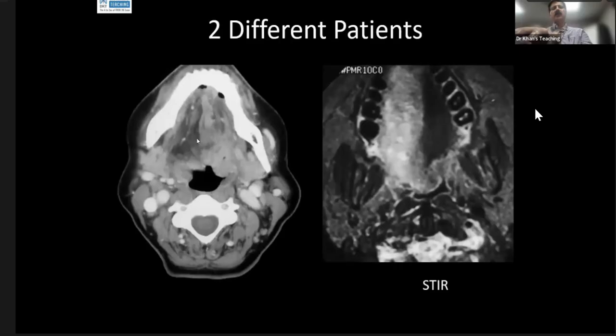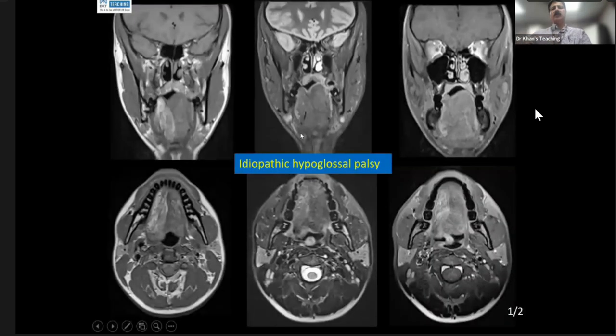On the other hand, look here, these are two different cases. This is a CT scan, and even on CT scan, you can see atrophy. And this one is from a STIR sequence, you can see a lot of edema. This is another case which presented with, when they saw the tongue, this was their clinical impression.